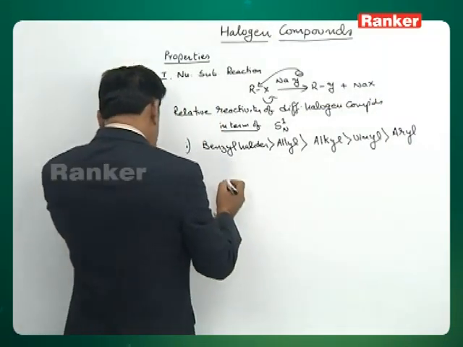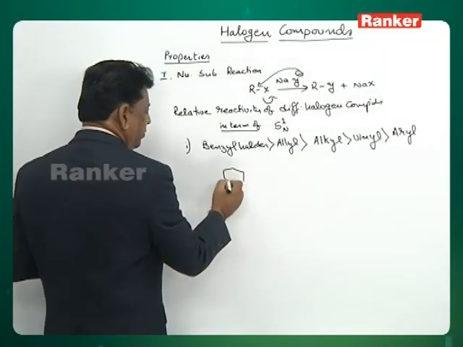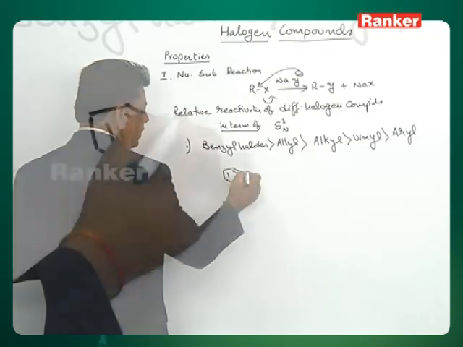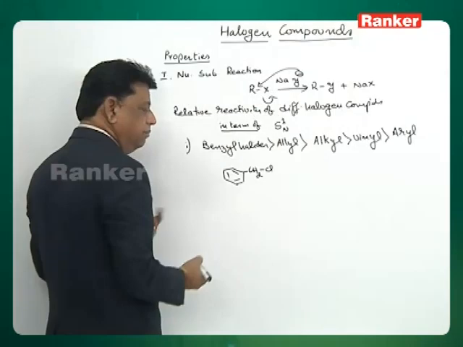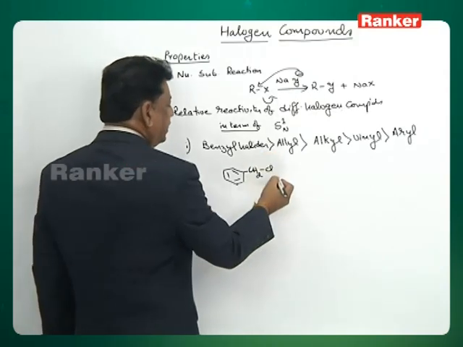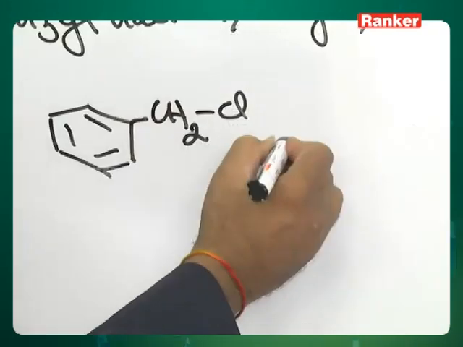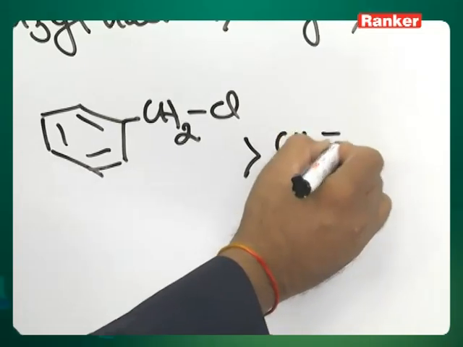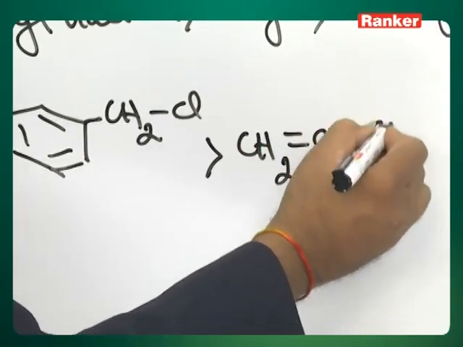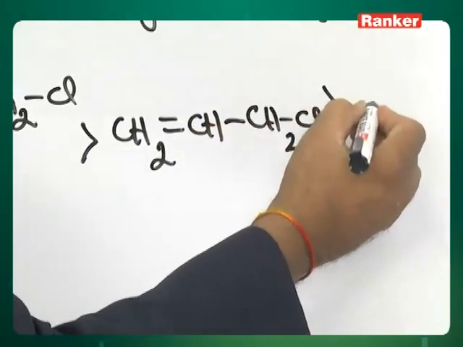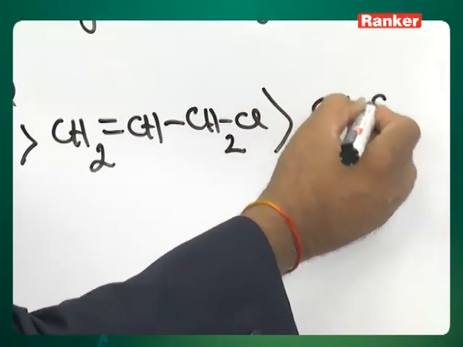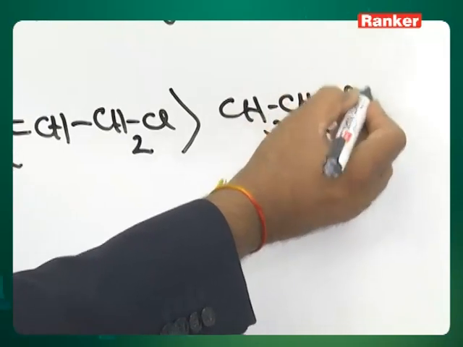Let us take an example for each category. Benzyl means benzene next, so let us take benzyl chloride. This is more reactive than allyl, for example ethylene attached to CH2Cl.